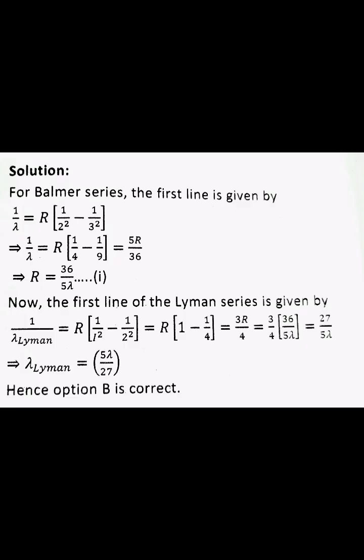Substituting the value of R from equation number 1, this is equal to 3 by 4 into 36 by 5 lambda, and this is equal to 27 by 5 lambda. Therefore, lambda Lyman is equal to 5 lambda by 27. So the answer is option B.